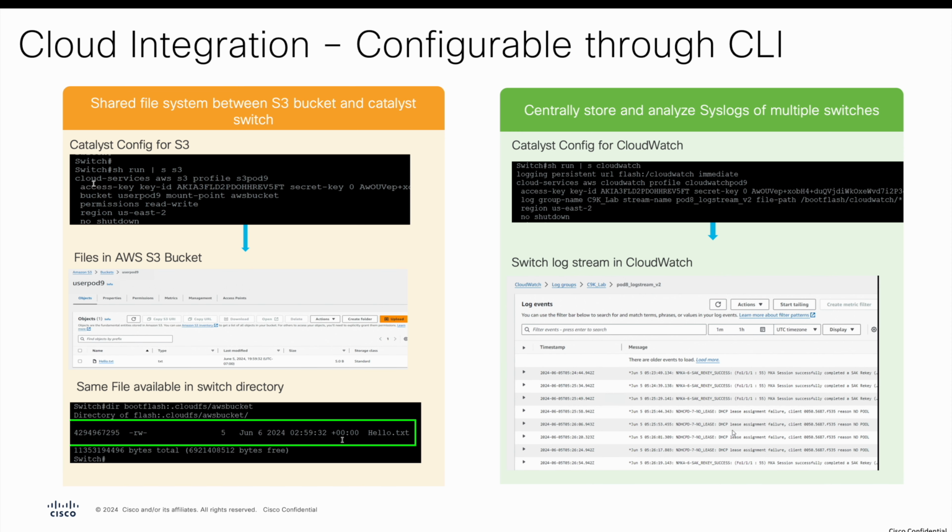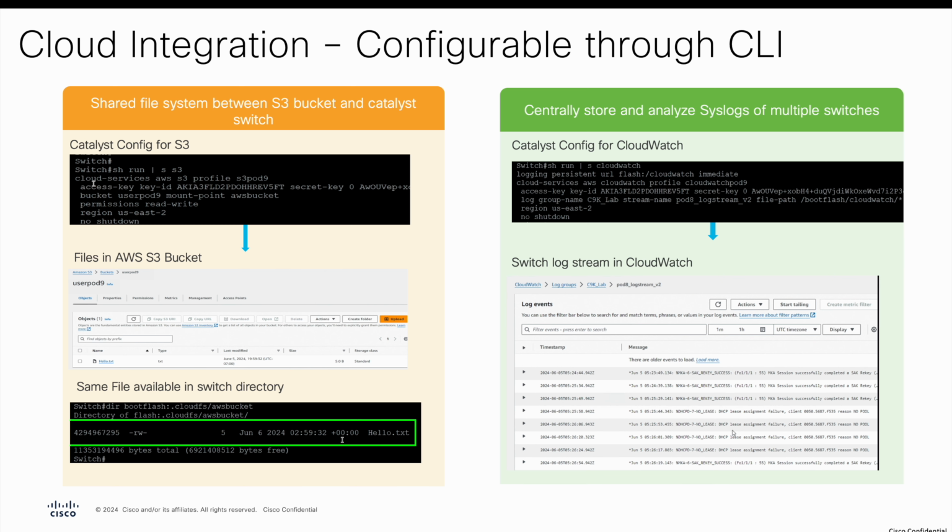So how does that look? On the left here, we have a visual of how files are synchronized from a Catalyst 9K switch to the AWS S3 bucket. And we're also able to access the files from the switch itself, as well as the AWS webpage.